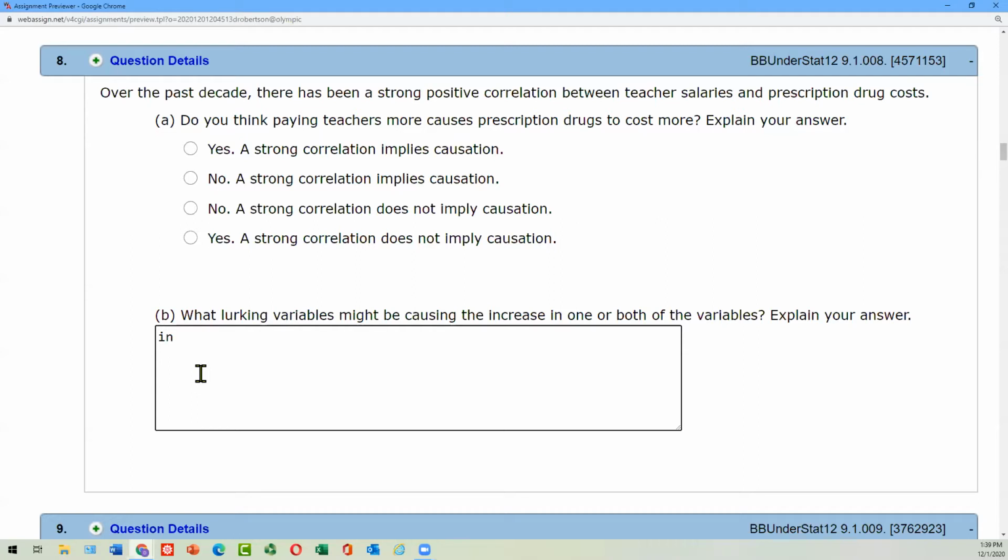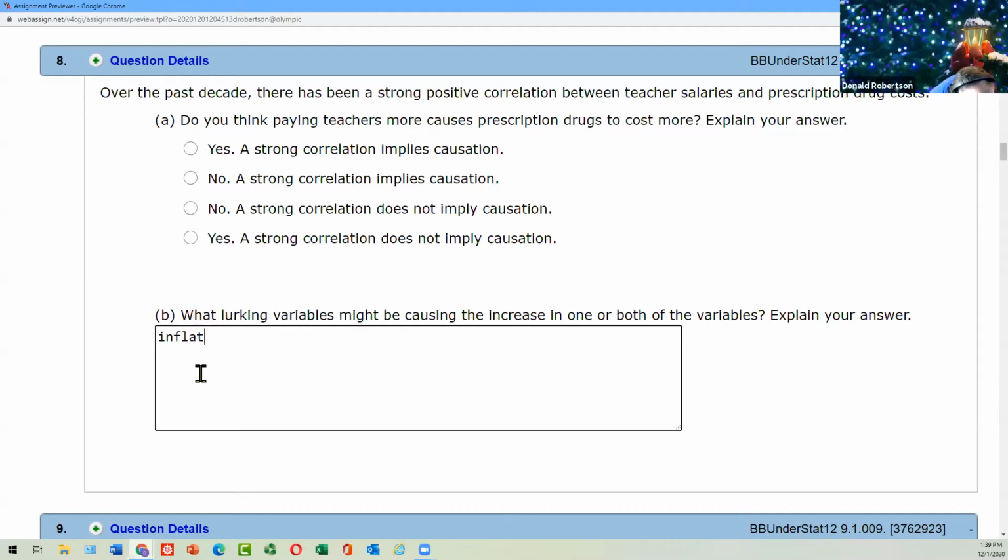Okay, here's mine. Over the last 10 years, inflation. Do you know inflation just means prices of everything tends to go up through time, doesn't it? I mean, 10 years ago, wouldn't a house cost a lot less to buy than today? 10 years ago, wouldn't a car cost less?